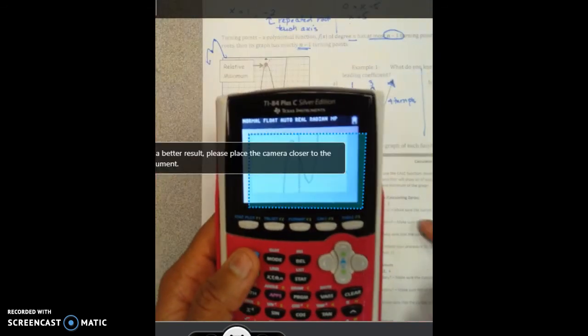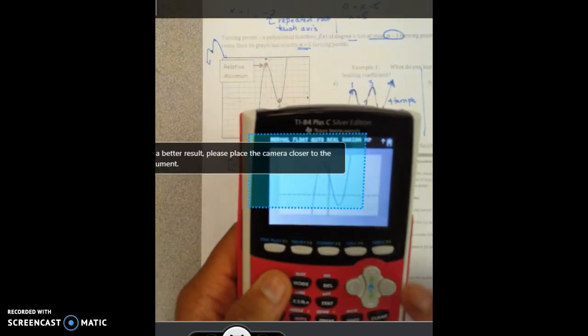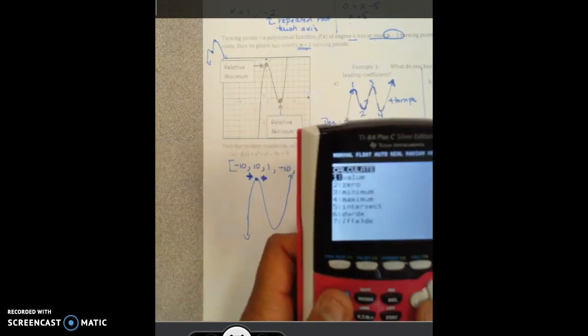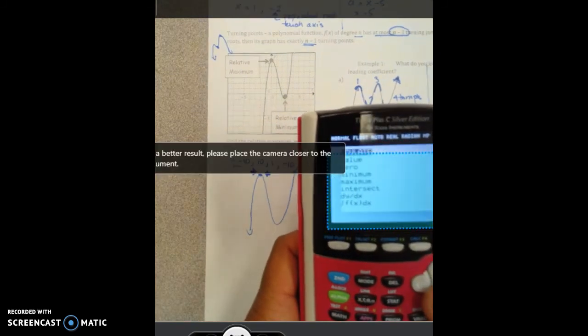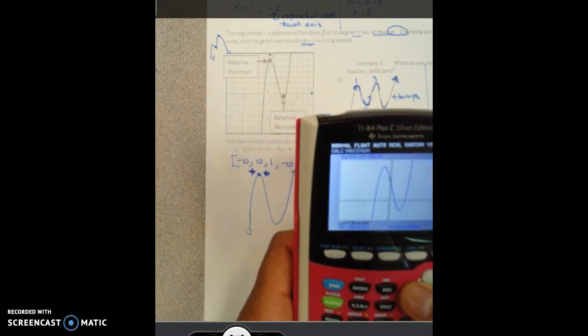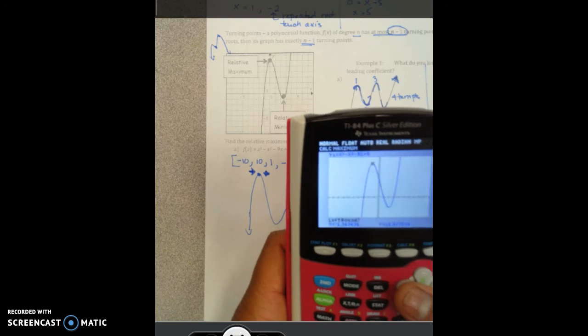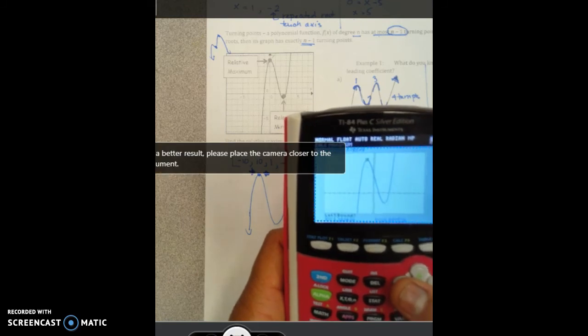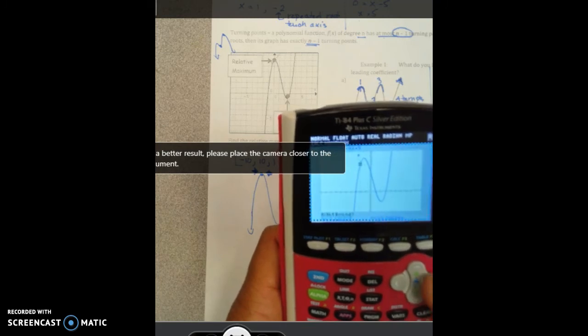So following my script here, kind of. Second, trace. And the first thing I'm going to look for is the maximum, so I'm going to hit number 4. And then left boundary, here I am. I try to just get to where my cursor is at the top of the point, and then I'm going to move a little bit to the left of it and then hit enter. Do the same thing for the right boundary.